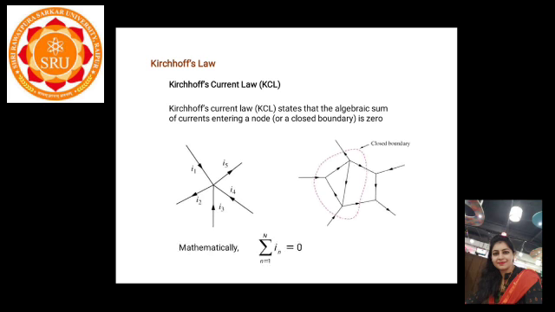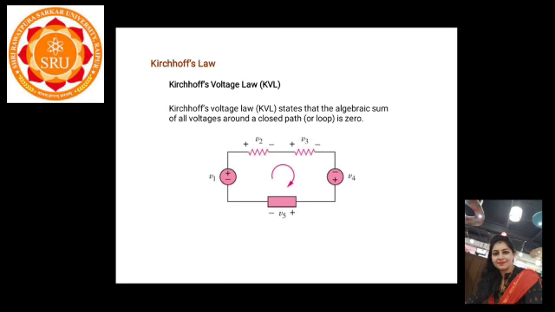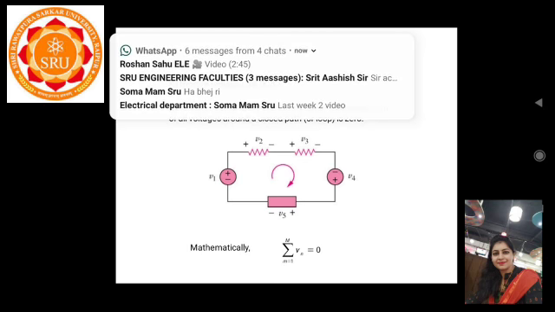Mathematically, summation of I equals 0. Now Kirchhoff's voltage law states that the algebraic sum of all voltages around a closed path is 0. From the circuit, the algebraic sum of V1, V2, V3, V4, V5 will be 0. Mathematically, summation of Vn equals 0.